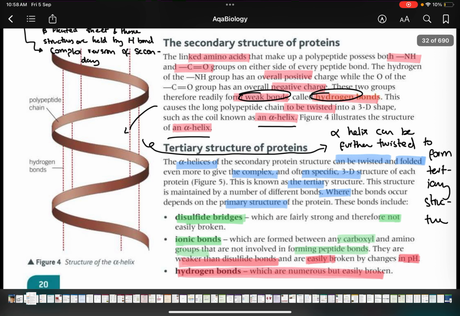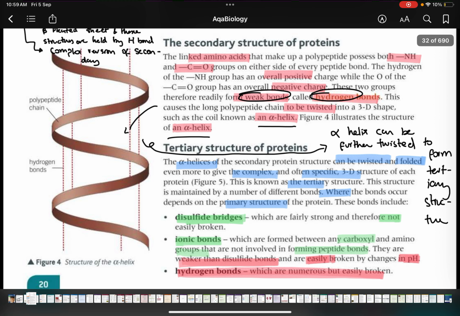And this causes the polypeptide chain to be twisted into a 3D shape, such as a coil known as an alpha helix. And this is your structure of the alpha helix. So an alpha helix can be further twisted to form a tertiary structure.